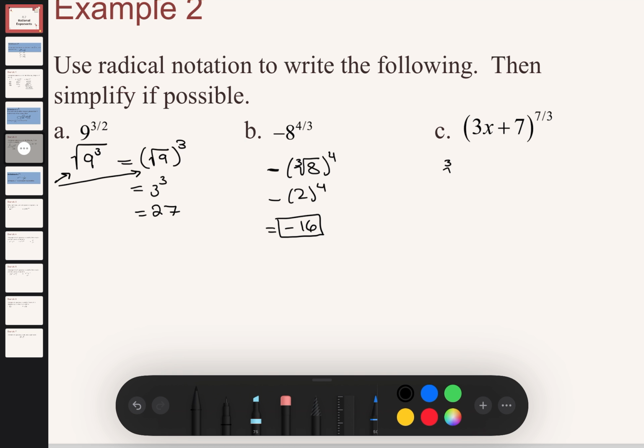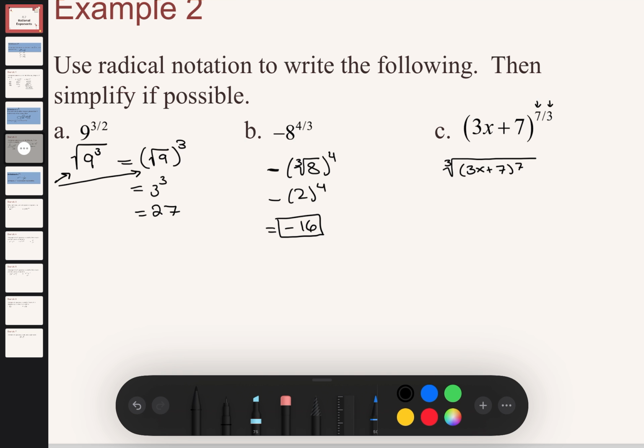That 3 in the denominator, that's going to go outside with the root, and then I have 3x plus 7 to the 7th. It might seem at first like I can't do anything here, but because that 7 is larger than this 3, I can actually rewrite this.